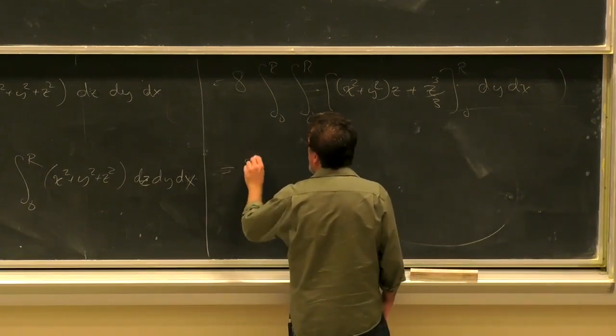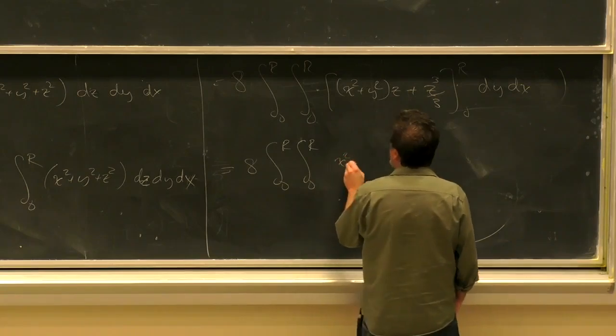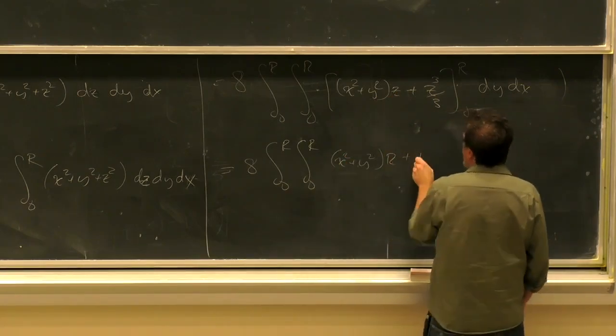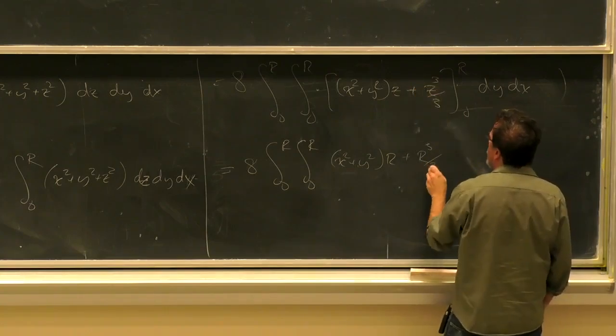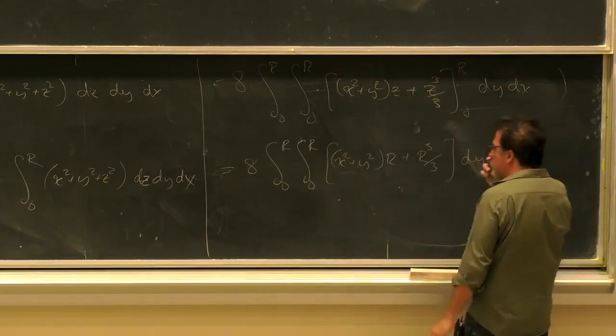So this is going to be 8 times the integral from 0 to r, the integral from 0 to r, of x squared plus y squared times r plus r cubed over 3. And then I have to do the y integration, and then I have to do the x integration.